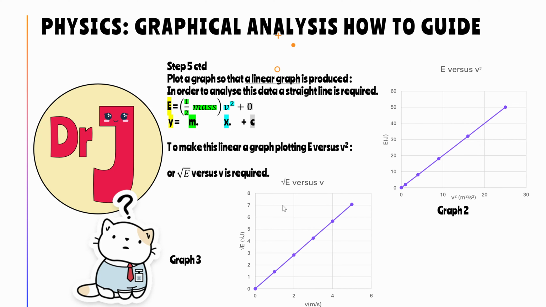The alternative is, if I was to square root that entire equation, I could have root E versus V, and that would also give me a linear equation. But given that the form of my equation is E versus V squared, it's way easier to deal with this graph 2 than it is to deal with graph 3.